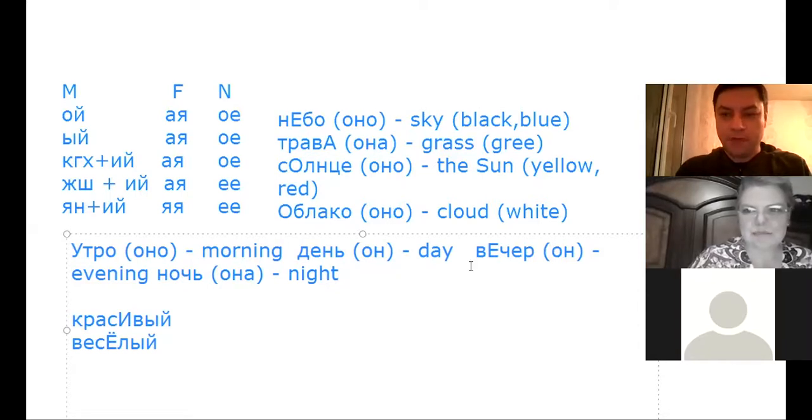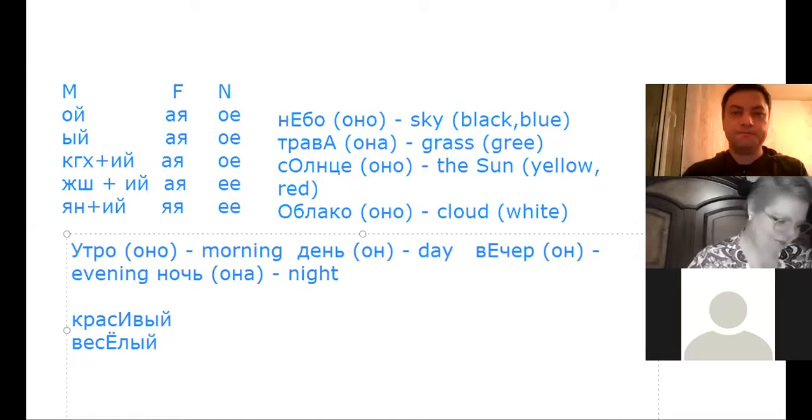Okay, so I would assume that you either know how to do it or you will practice it by yourself. So let me move to the topic of greetings. How do we make greetings in Russian language?